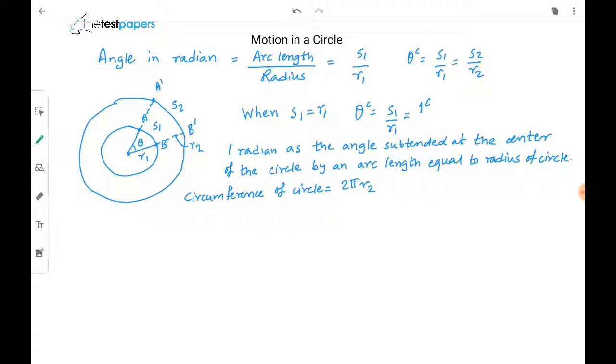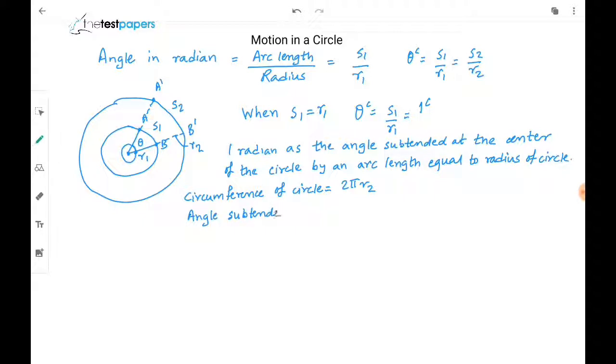The entire circle makes an angle of 360 degrees. Just to better understand this, if you start from this point and you move around and come to the same point, you subtend an angle of 360 degrees, right?